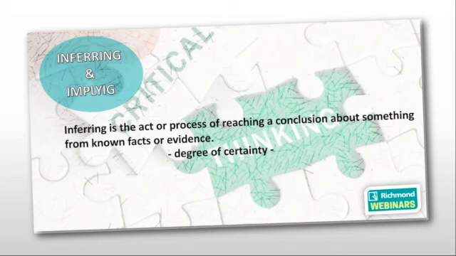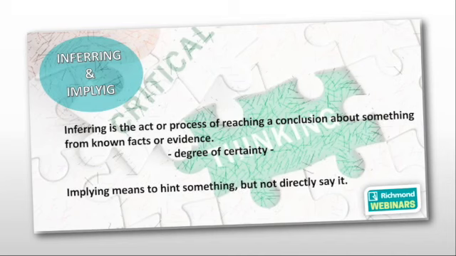Yes, it's something you can infer based on a certain degree of information you have. And implying means to hint, or to give a clue, but not to directly say it. So you imply something from information that is not complete.